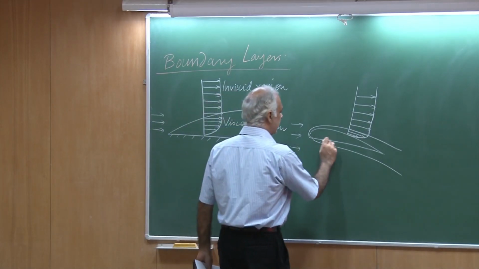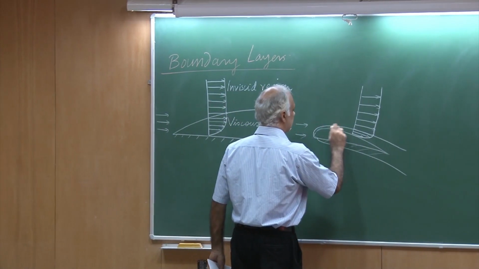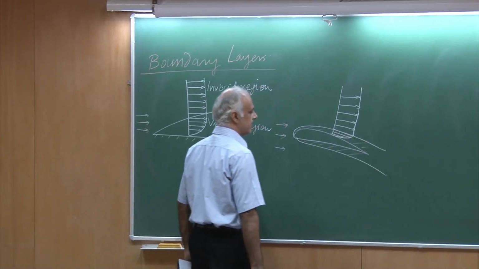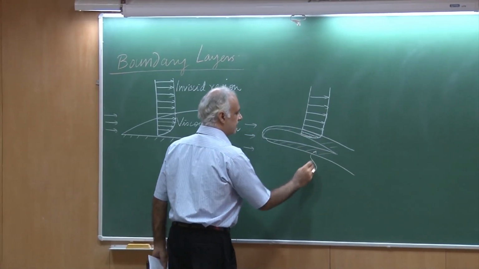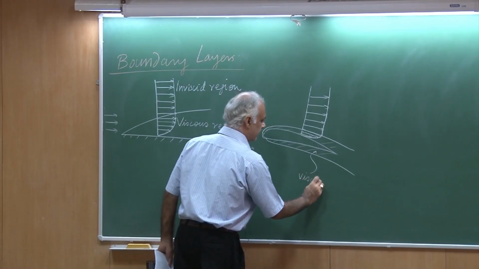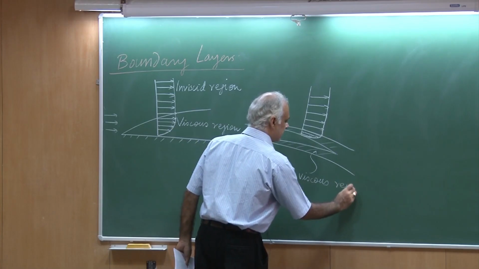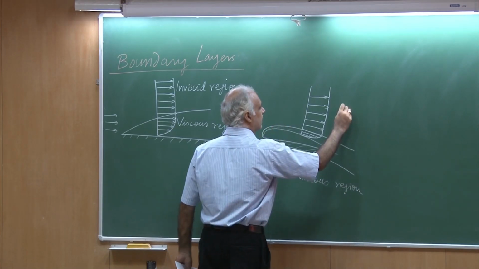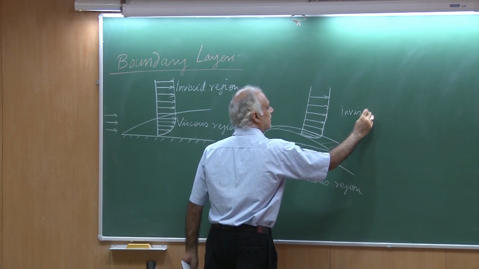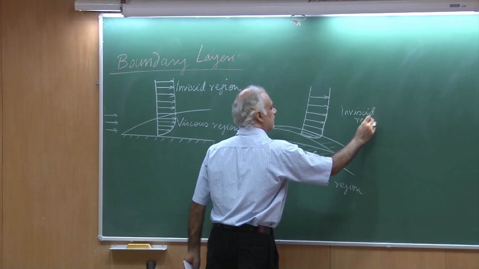So this region we are referring to as the boundary layer. So I should mark here. This is where the viscous effects are important. So this is the viscous region, and the outside region is the inviscid region.